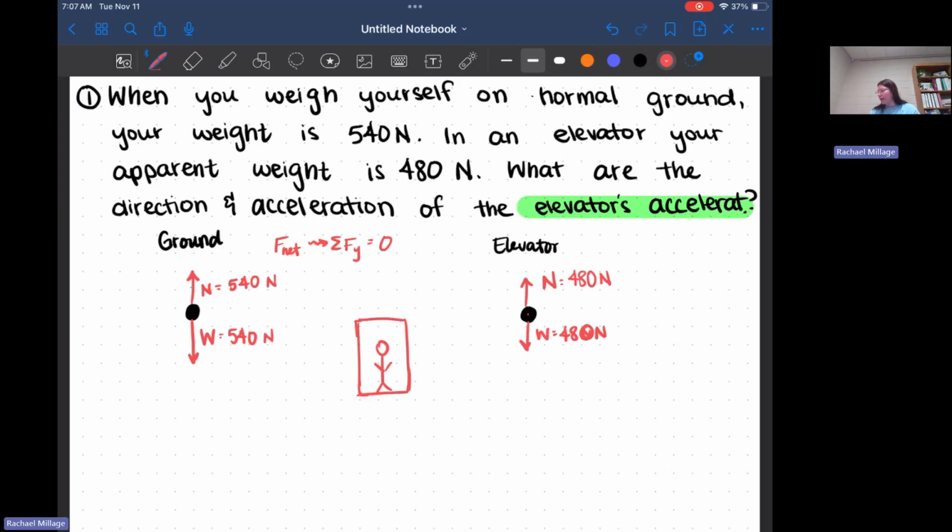So we could say that the difference between these two weights, our weight on the ground and our actual weight, is going to be the sum of our forces in the y direction.